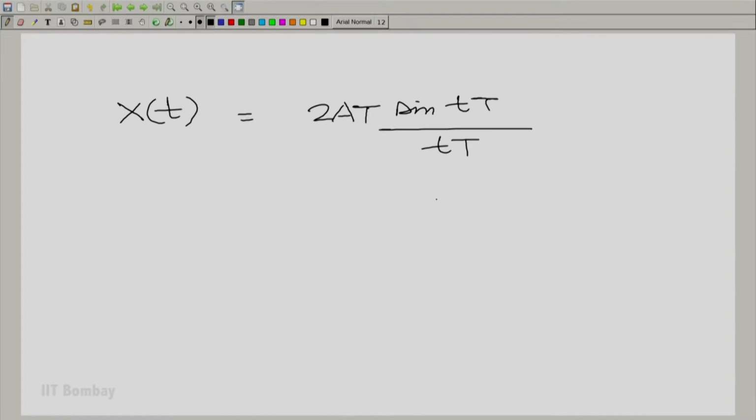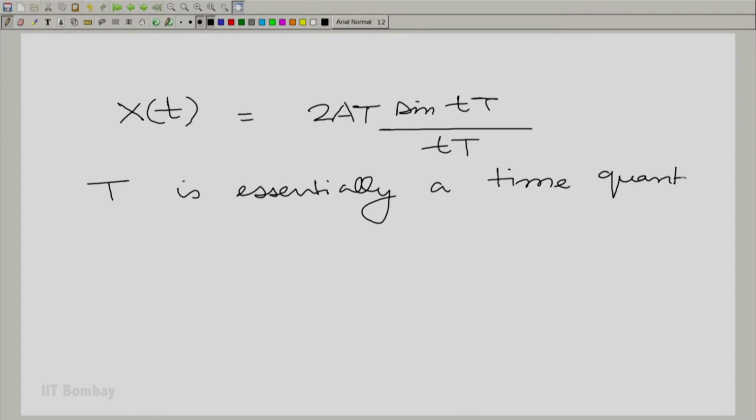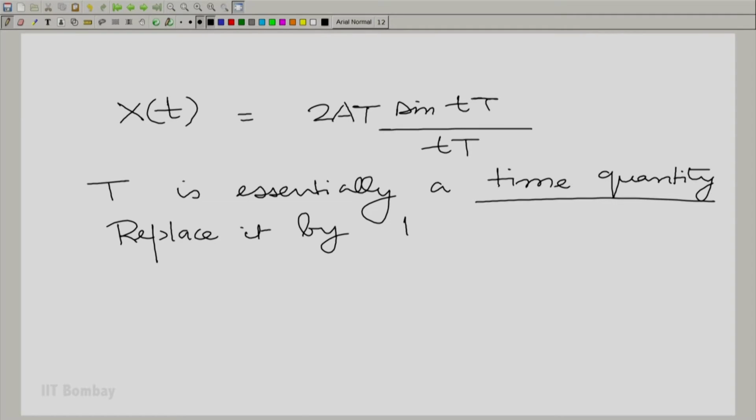Now, the problem is capital T is essentially a time quantity. Let us replace it by capital omega, or let us replace it by some other symbol which essentially suggests frequency. So, let us replace it by W, suggestive of frequency.